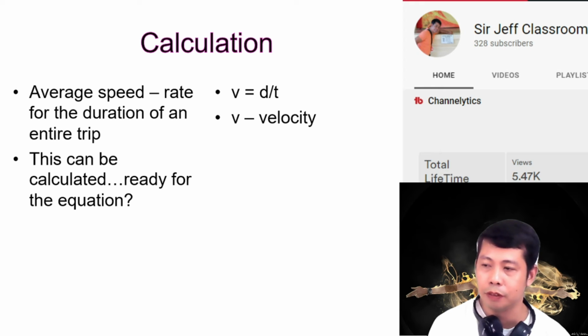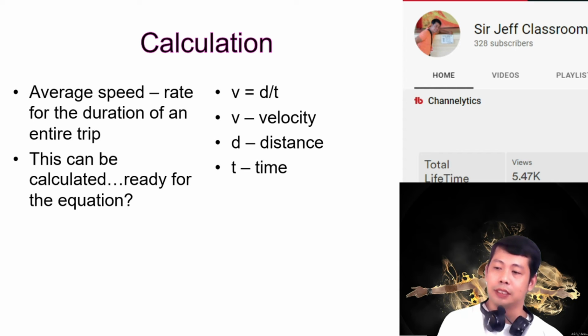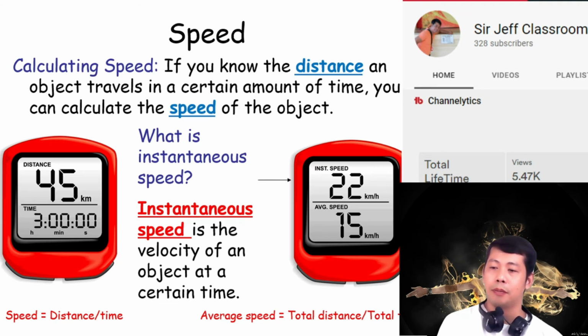V is for velocity. For speed we also use V, but the difference is that velocity, remember, has direction. Speed has no direction. D for distance, T for time. And what unit do we use here? Once again, we use meter per second. So let's try a problem.